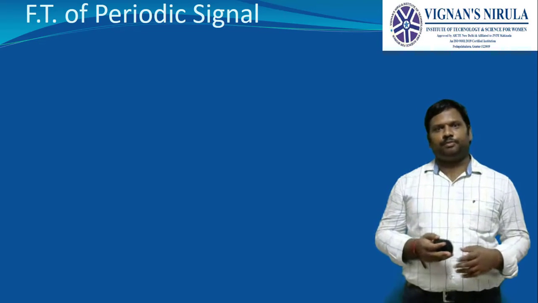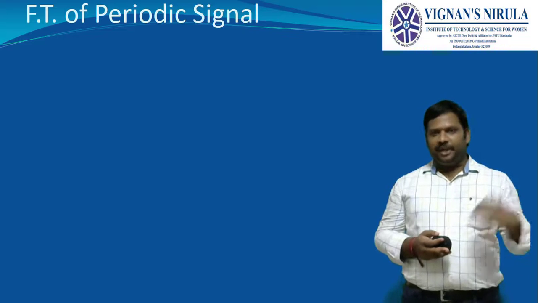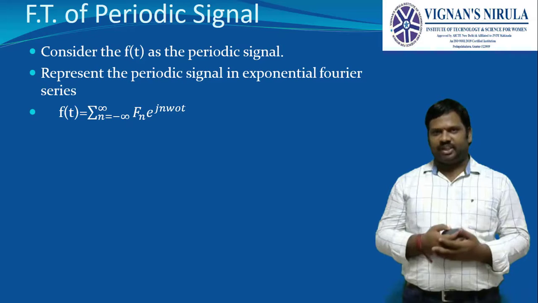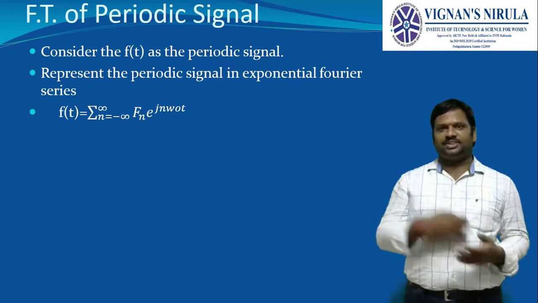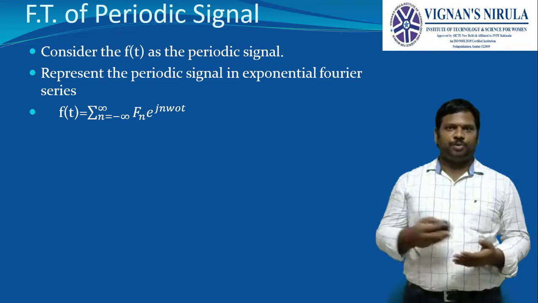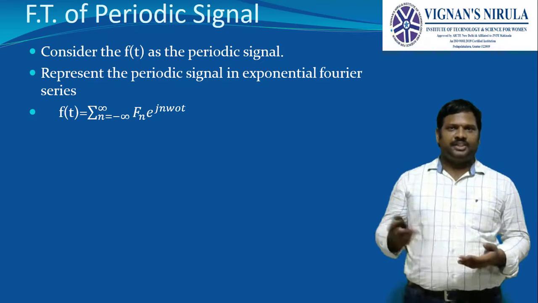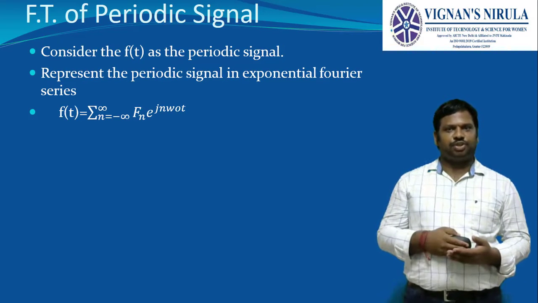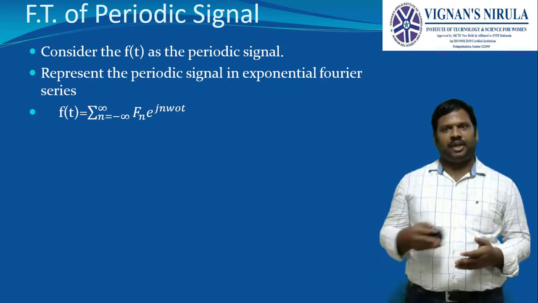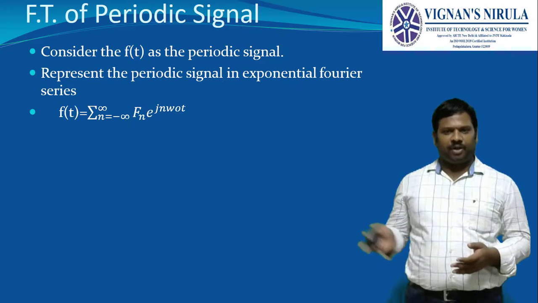Now we'll see the Fourier transform of any periodic signal. Generally, the Fourier transform of any periodic signal is found by considering the exponential Fourier series. Let us consider f of t, which is a periodic signal. This f of t can be represented in exponential Fourier series as f of t is equal to the summation from n varies from minus infinity to infinity of Fn e power j n omega naught t.